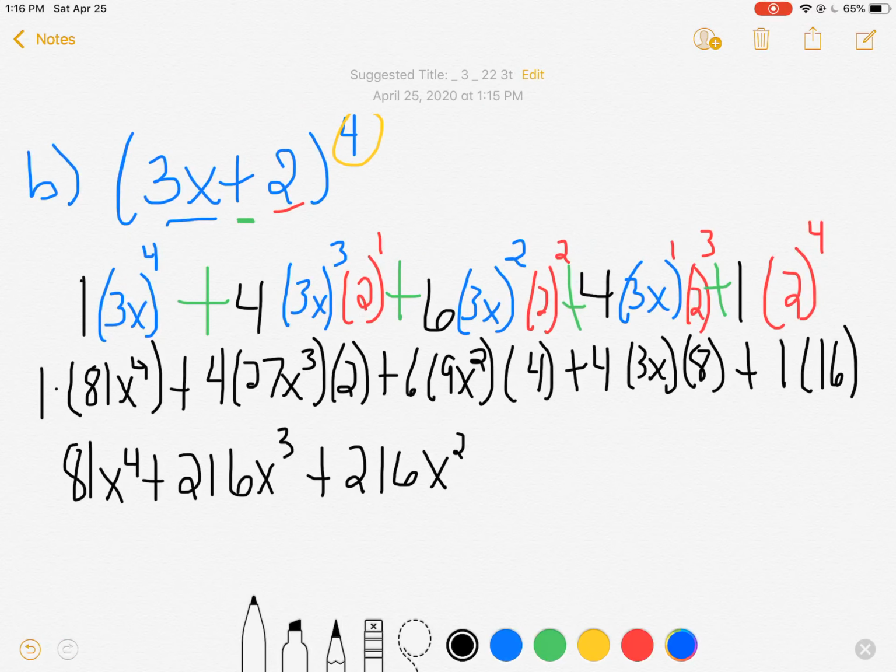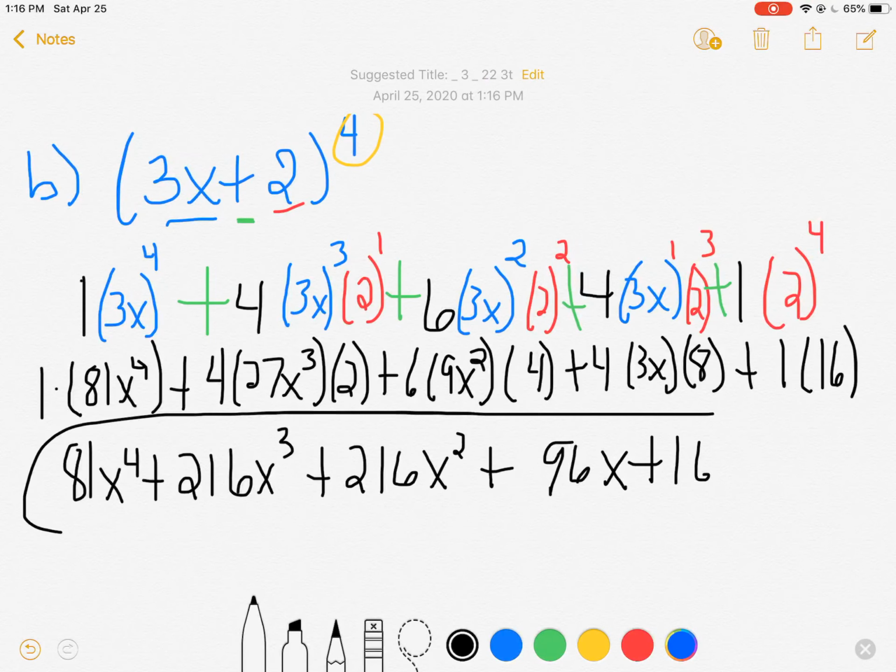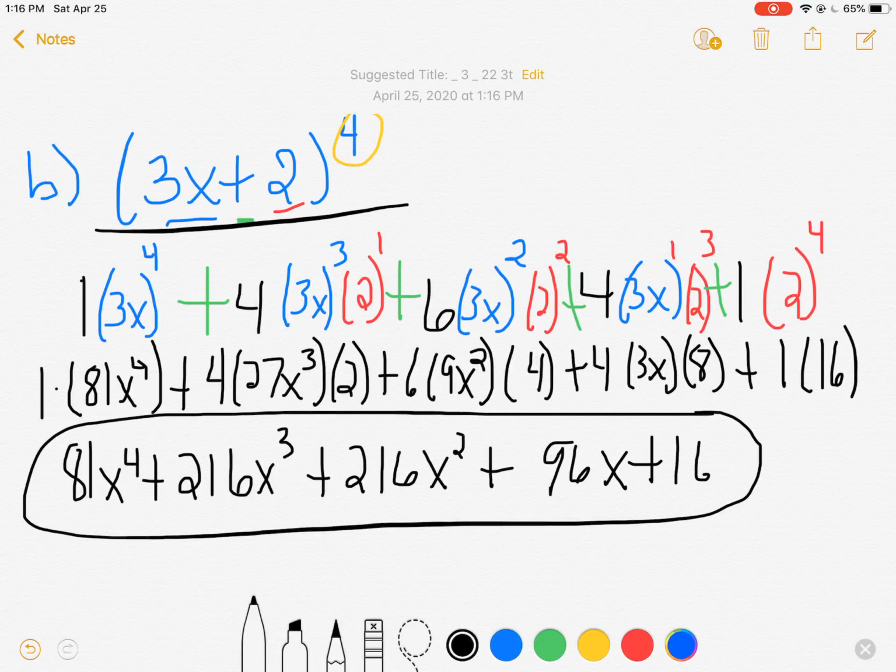X to the 2nd. 4 times 3 times 8 is 96x. And then 1 times 16 is 16. So if I take 3x plus 2 raised to the 4th and use Pascal's triangle to expand, I get this polynomial for my final answer.